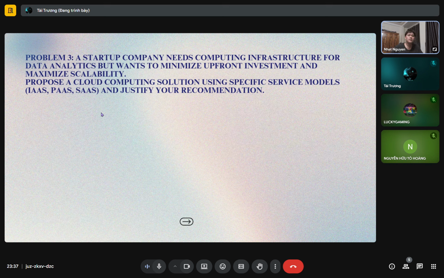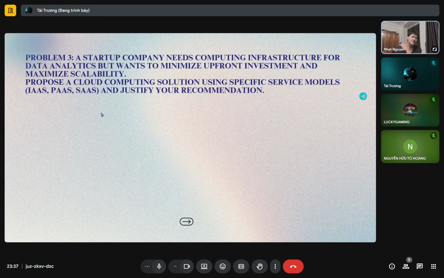Problem 3: a startup company needs computing infrastructure for data analytics, but wants to minimize upfront investment and maximize scalability.